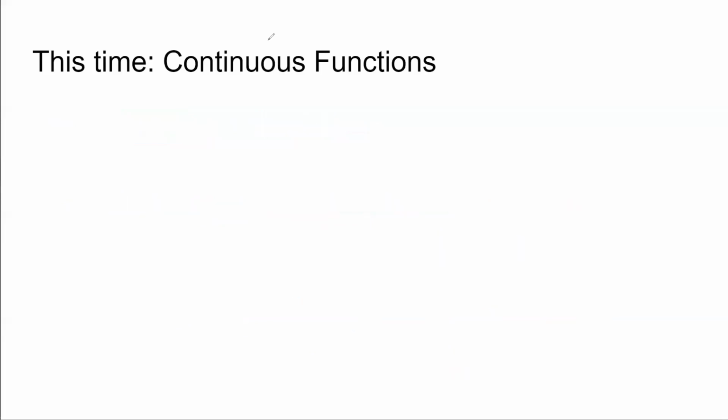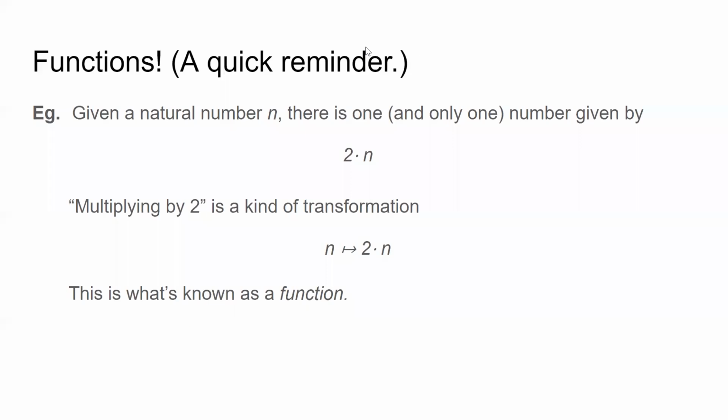Because I'm going to be talking about functions this whole time, I figured I should probably just reintroduce you to what a function is. Many of you have probably seen this in math class already. Starting with an example, given any natural number, there's one and only one number which is twice that natural number.